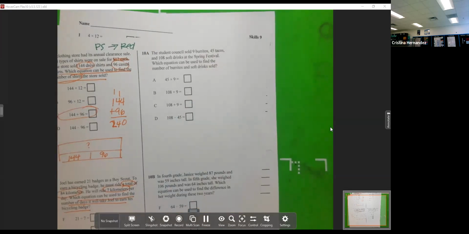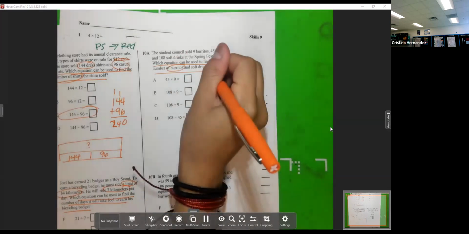The student council sold 9 burritos, 45 tacos, 108 soft drinks at the spring festival. Which equation can be used to find the number of burritos and soft drinks sold?